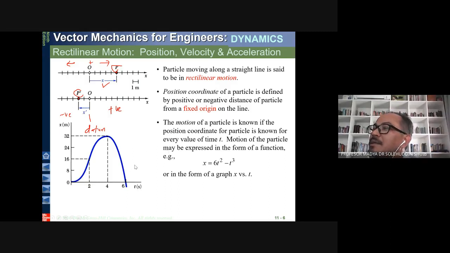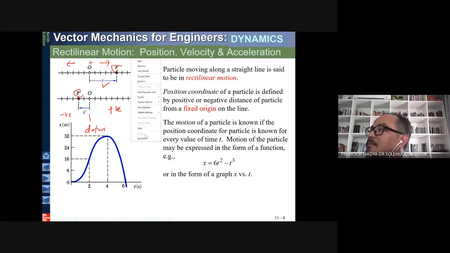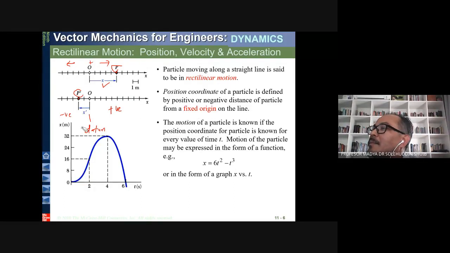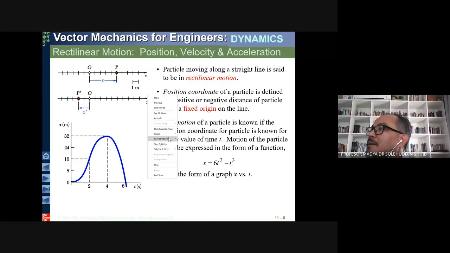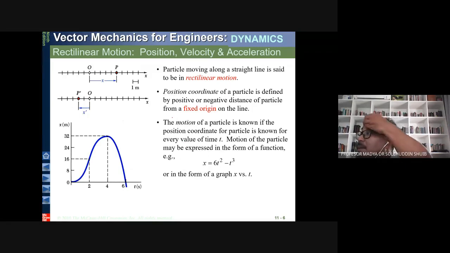We take an example of motion of a particle. The basic equation is in the form of a function: x equal to 6t square minus t cube.